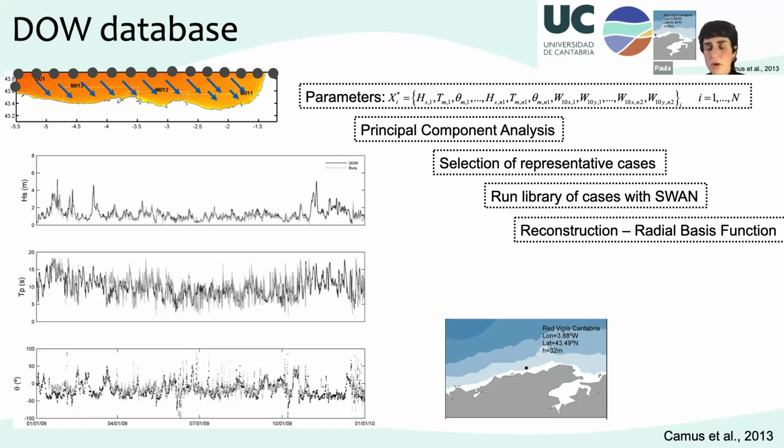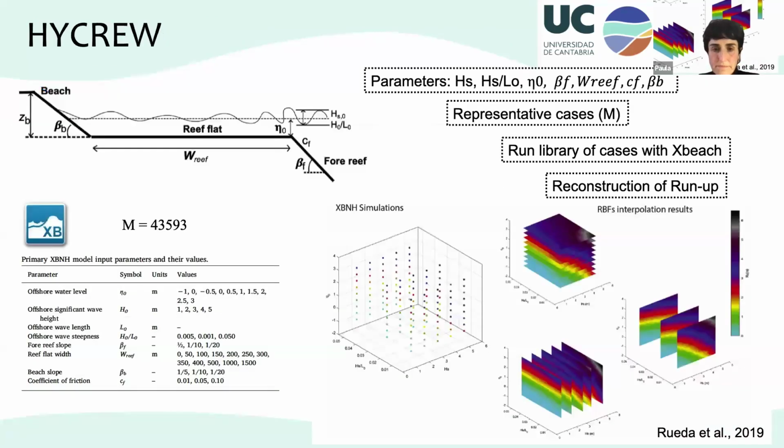So in the process of developing a hybrid methodology, we introduce principal component analysis in order to reduce the dimensionality of the problem and do the selection and the reconstruction in this reduced space. And here we can see the validation of the significant wave height, period and direction in one location where we had records from a buoy.